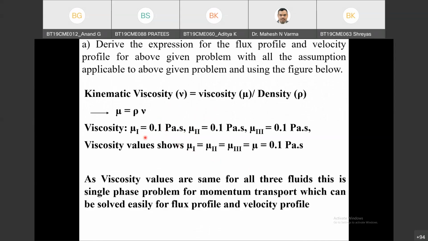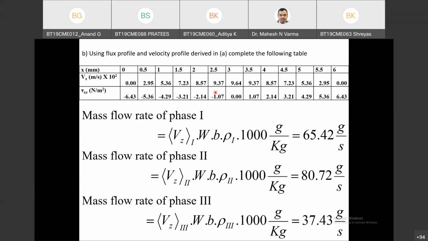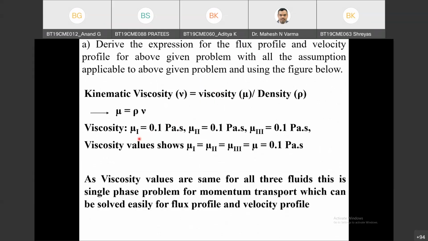The main point is that the viscosity of the three fluids is constant. You take 1 into 10 raised to minus 4, so it will be something around that. So the viscosity of all three fluids is the same. It is close to 0.1 Pascal second.